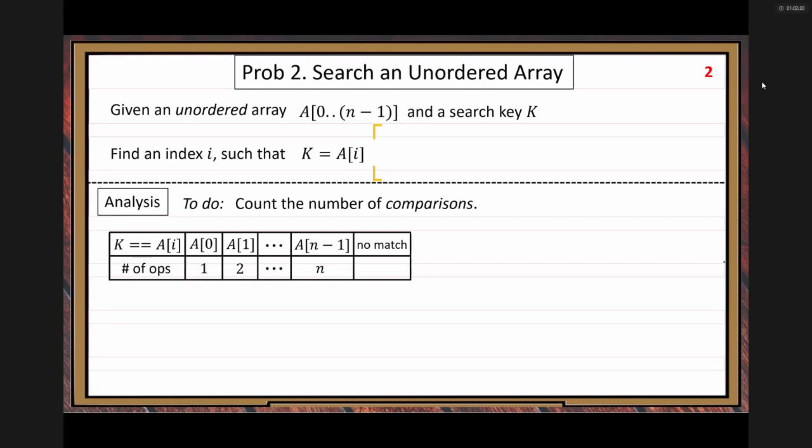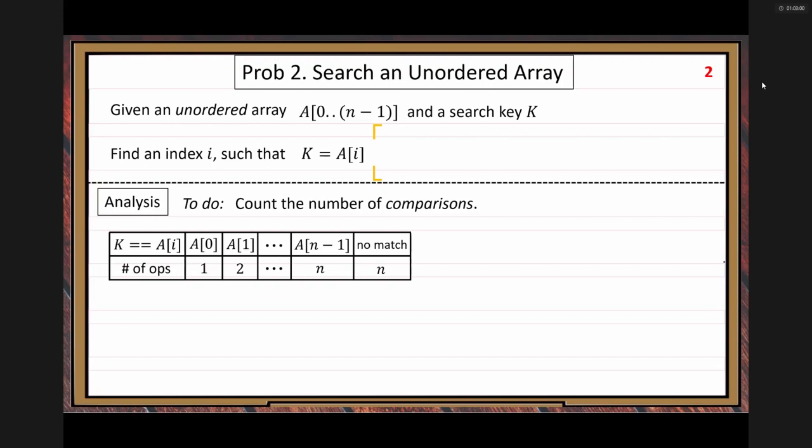The last matching case, n comparisons. The no match case, also n comparisons. All right. So we know the number of comparisons for individual cases.